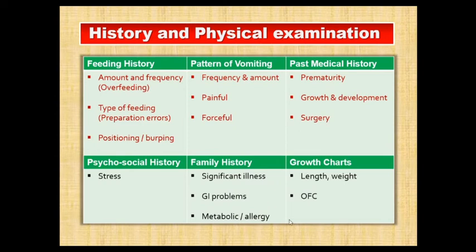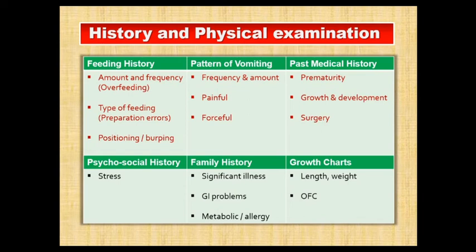Then we will go to the growth charts. Take the growth charts and the growth parameters: length, weight, and head circumference. These are very important in most infants with vomiting and most older children with regurgitation and heartburn.